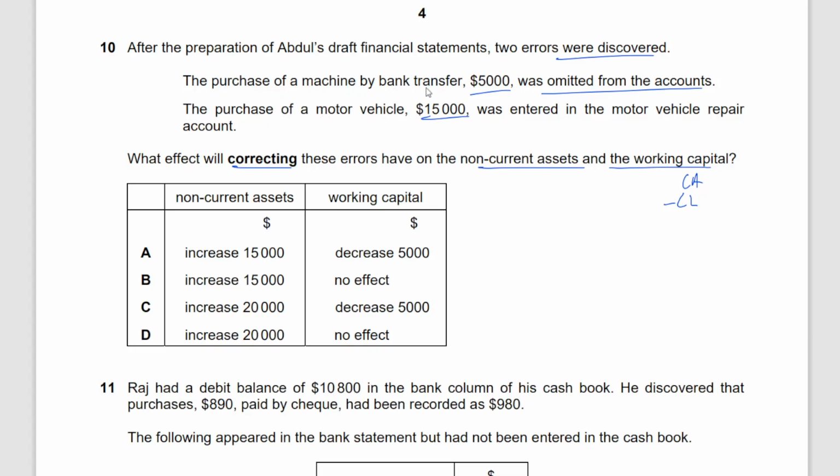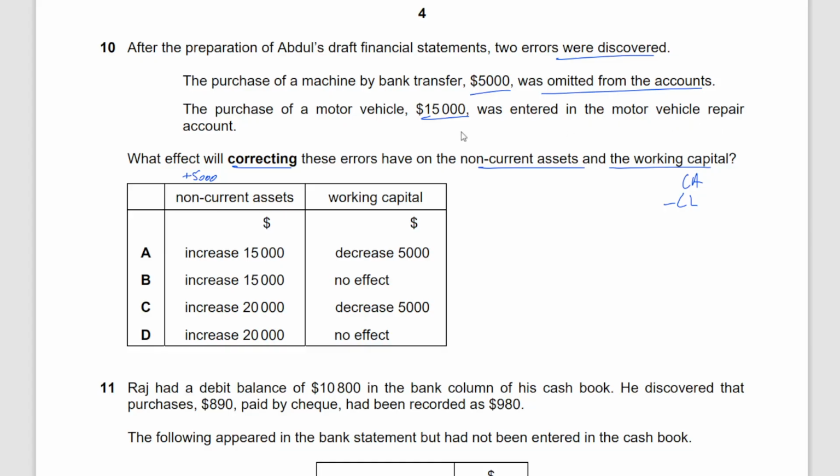The purchase of machine by bank transfer was omitted, so we're going to increase our non-current assets by 5,000 firstly. Increase it by 5,000. What else is happening? The purchase of motor vehicle, 15,000, was entered in motor vehicle repair account.